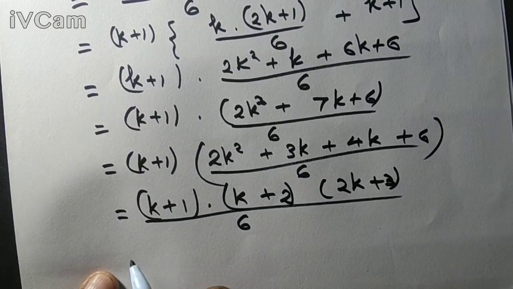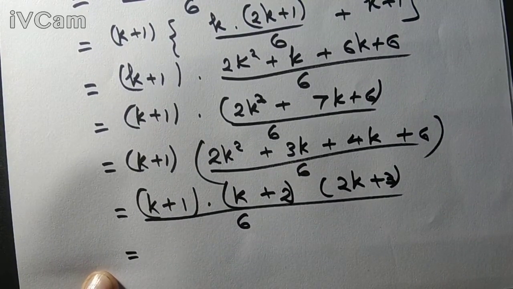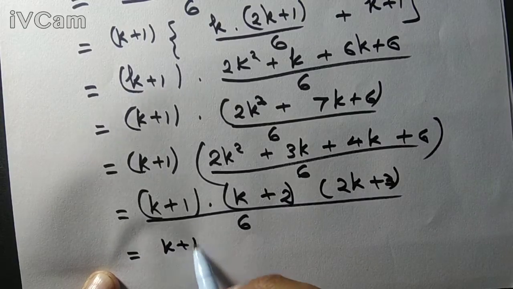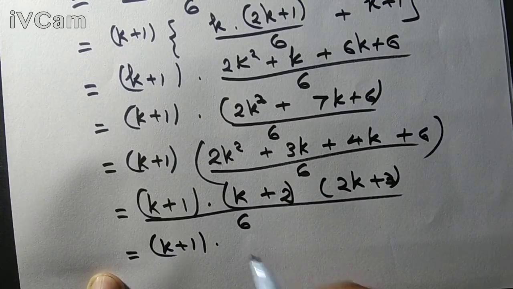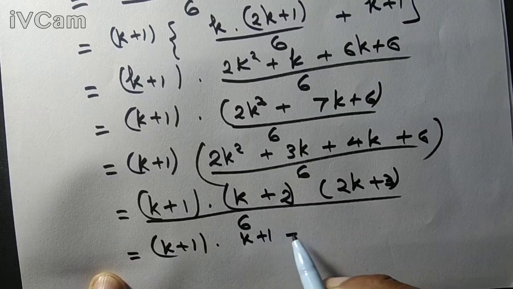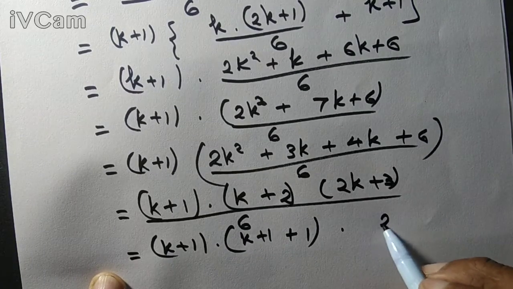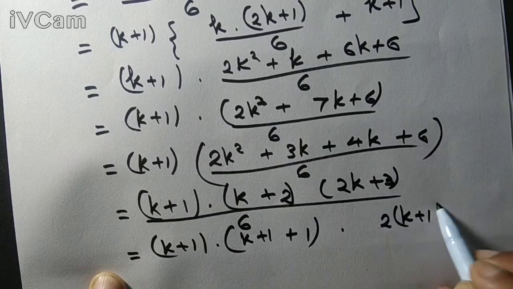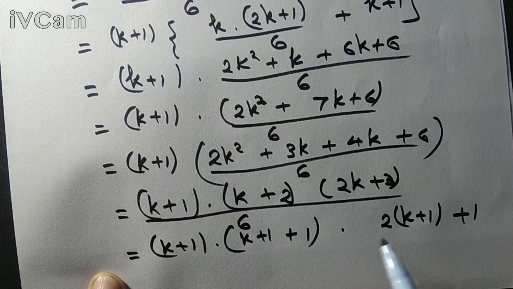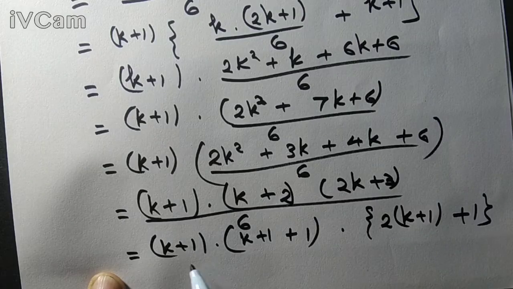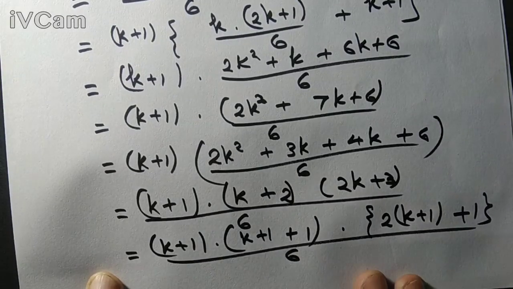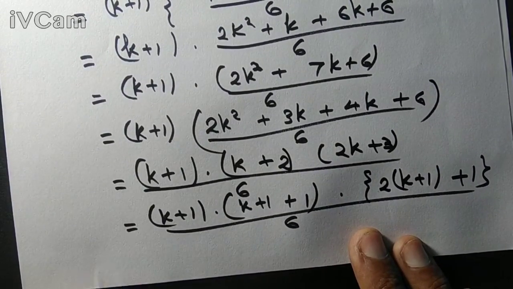Now this is equal to k plus 1 into k plus 1 plus 1 into 2 times k plus 1 plus 1, whole thing by 6, and that is nothing but the right hand side of Pk plus 1.